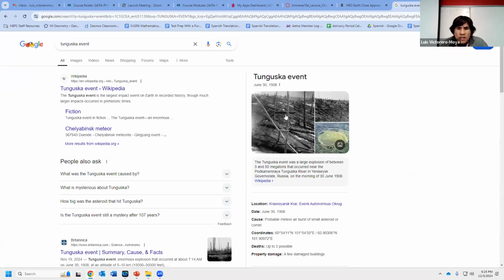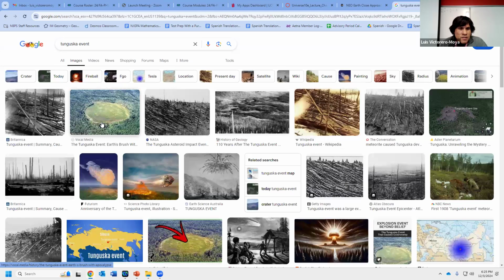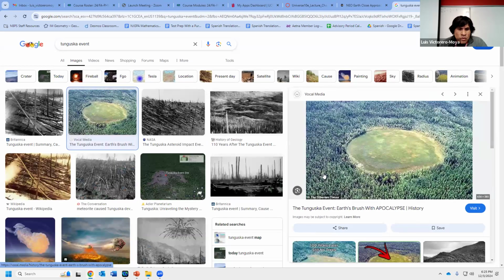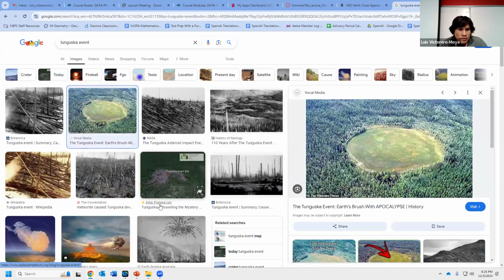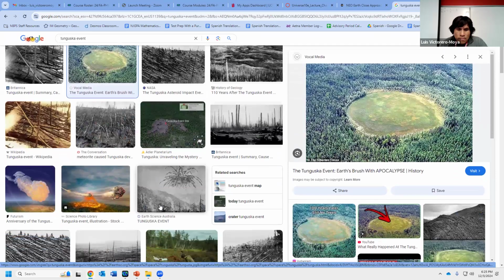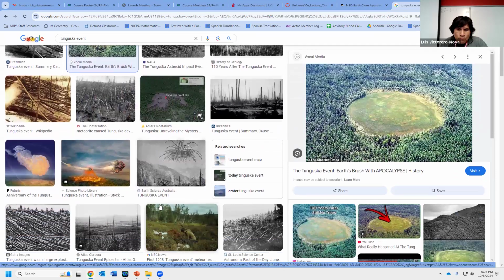This was in Siberia. Yeah, it was a large explosion in Russia, right? And if you look at the images, you can see the radius of the destruction event, right? So that can be considered as a dangerous approach.